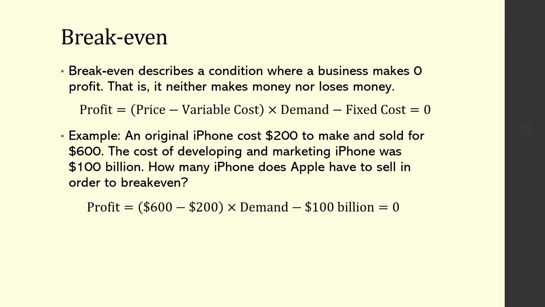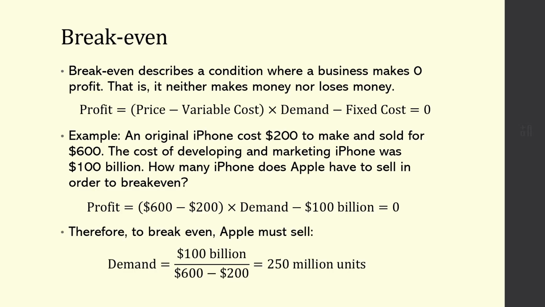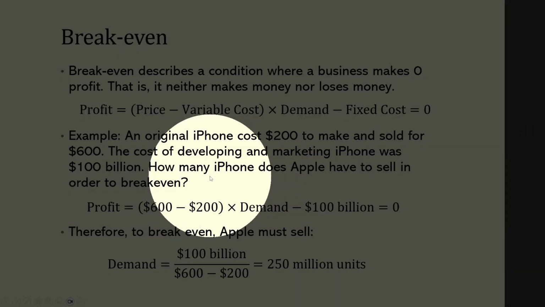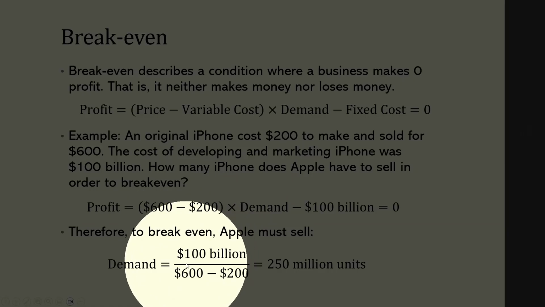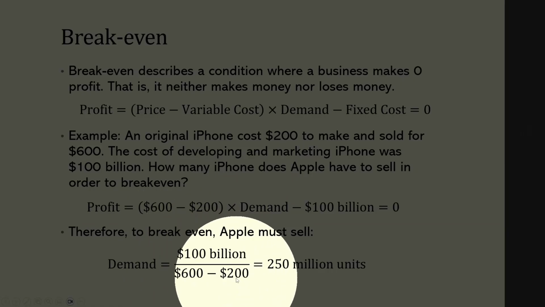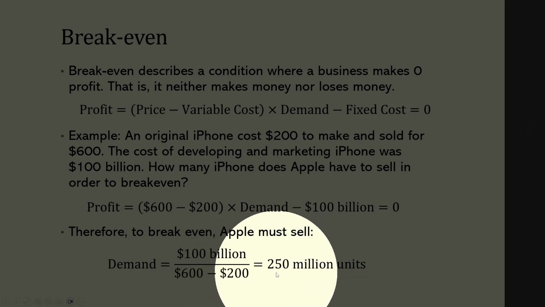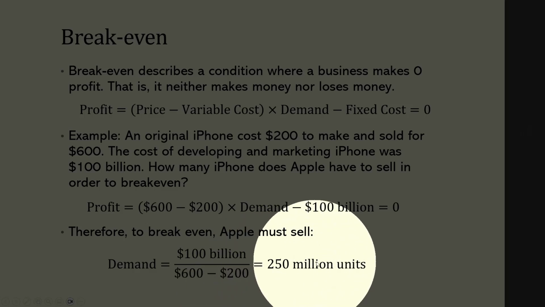We can easily calculate the break-even demand level is equal to $100 billion, the fixed cost, divided by the profit margin of $600 minus $200. And that gives us 250 million units. So in order to break even, Apple has to sell at least 250 million units of iPhone.